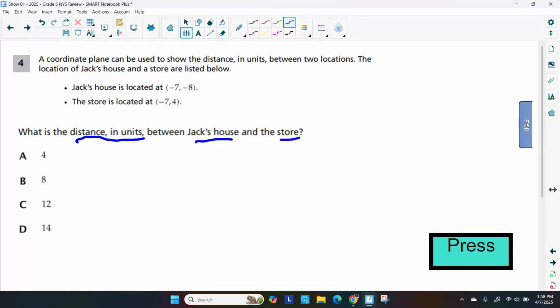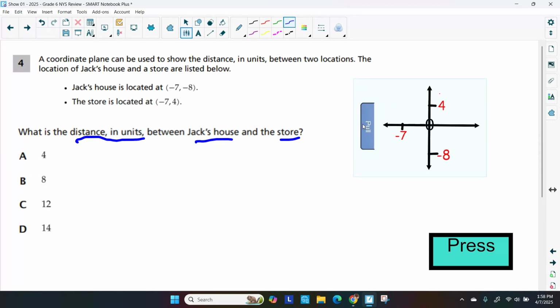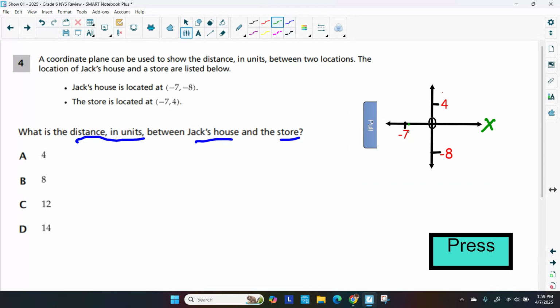Well, I wish I had a grid, but I have a small one right here where I can actually graph this distance. So Jack's house was located at -7, and remember this is the x, and there's -7, and here is our y-axis.